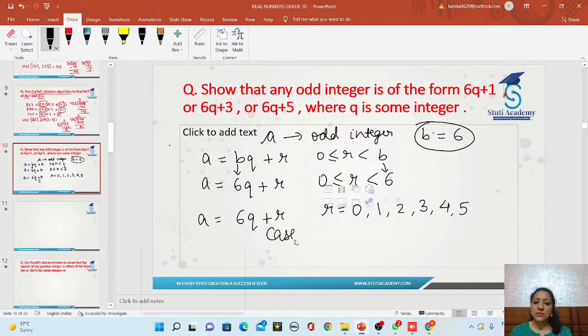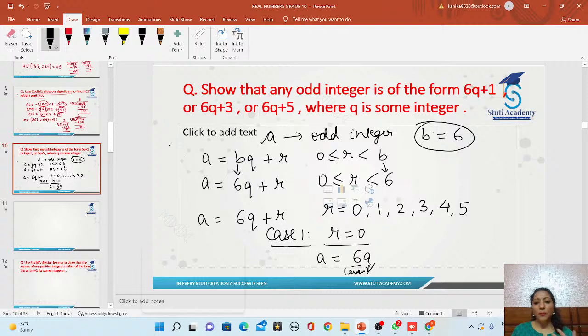So coming to case 1, when r is equal to 0. If I put r equal to 0 here, I'm going to get a is equal to 6q. If r is 0, even if I do not write plus 0, that's okay. Now children, please notice 6 is an even number, and q is any integer.